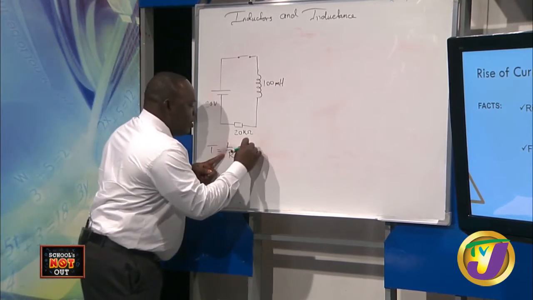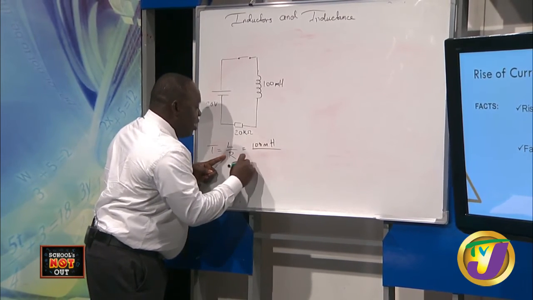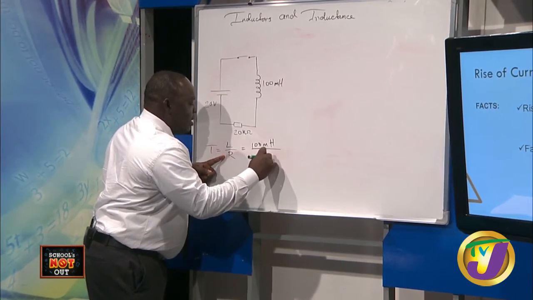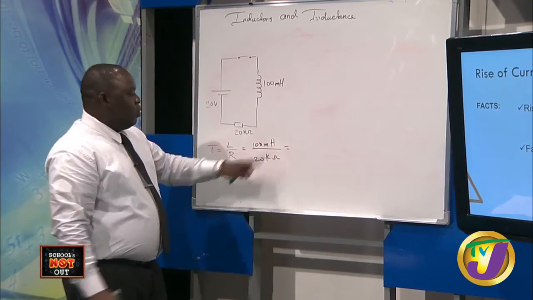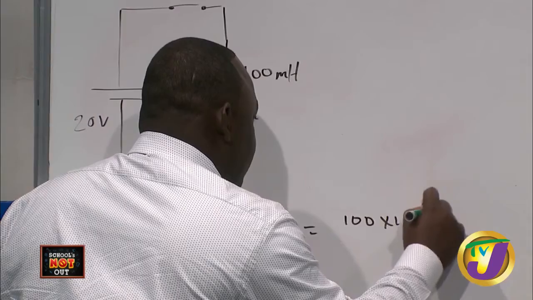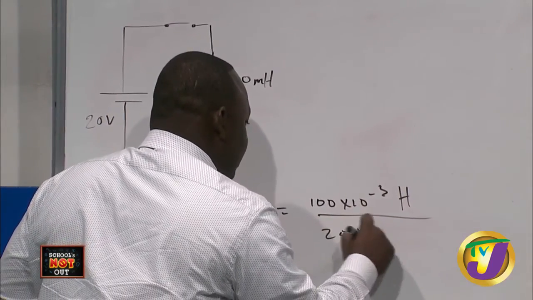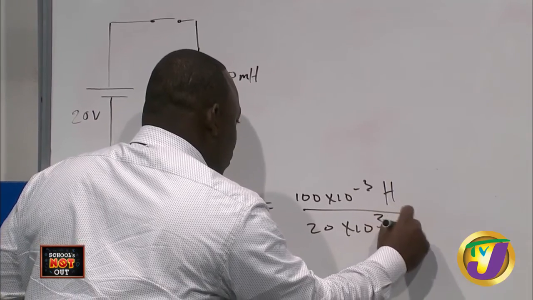Your L is 100 millihenry. And your R is 20 kilo ohm. Now, you know that milli is times 10 to the negative 3 henry, over R, which is 20 times 10 to the 3 ohm.